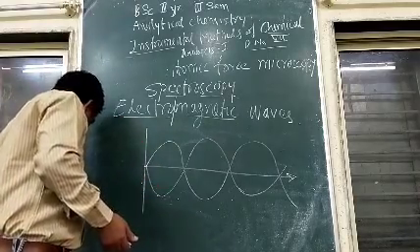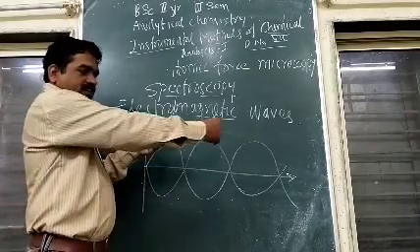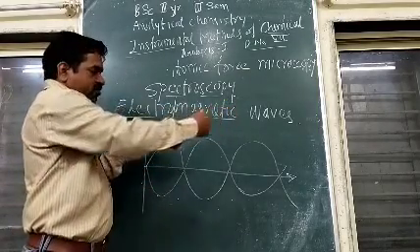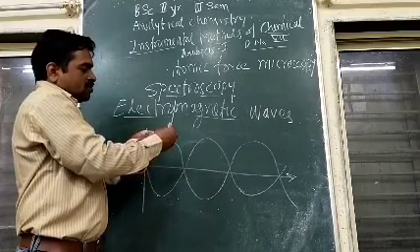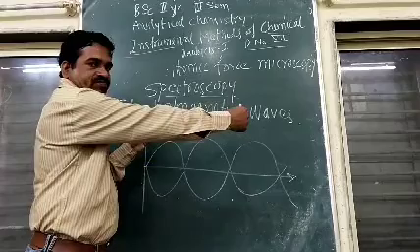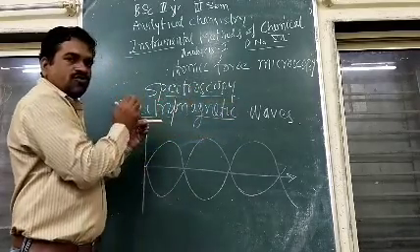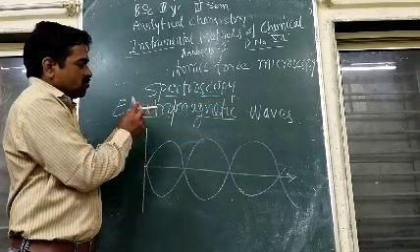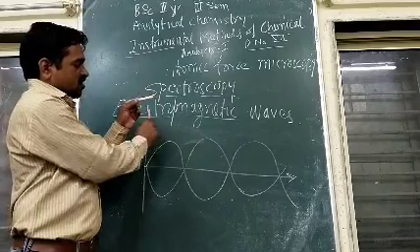For example, suppose this is the direction of movement of the wave. The wave is traveling in this direction, from this place to this place. Now it has two components. Suppose the magnetic component is vibrating in this fashion.